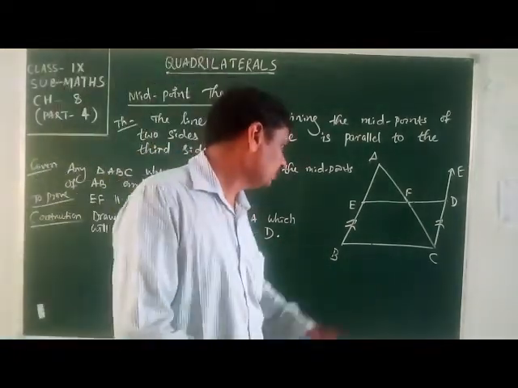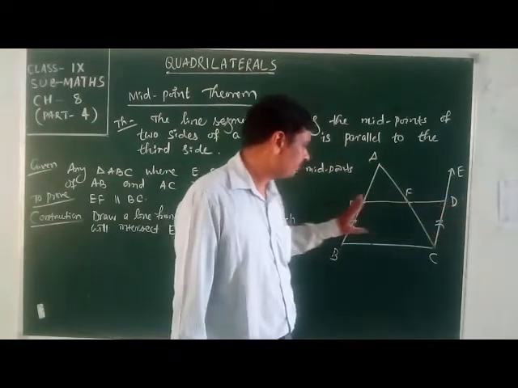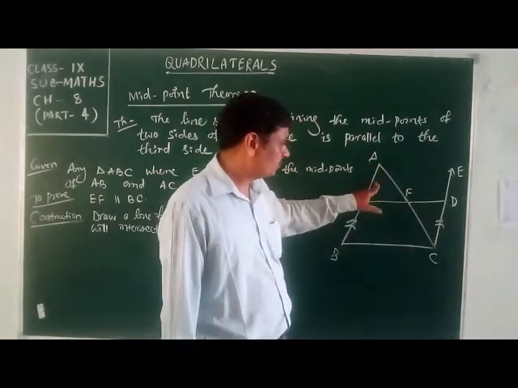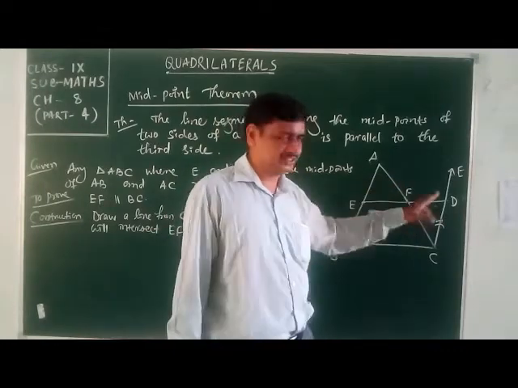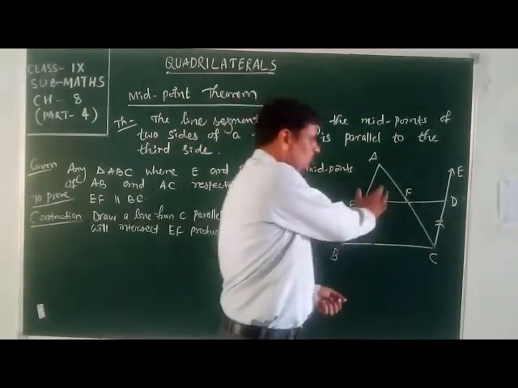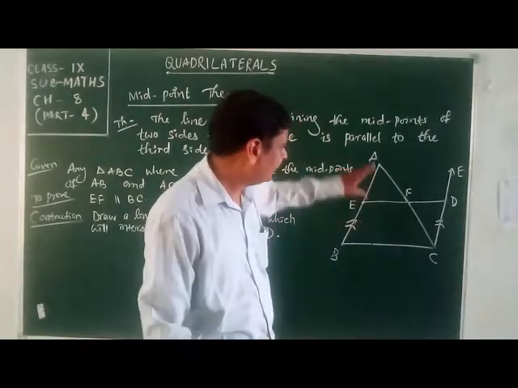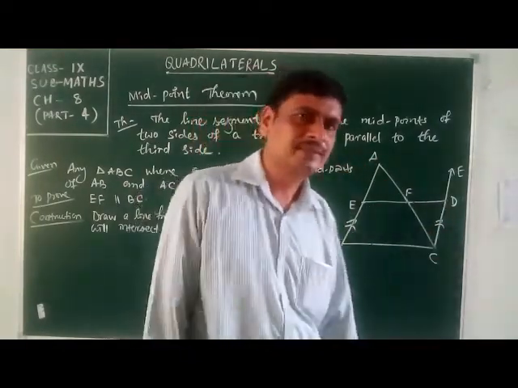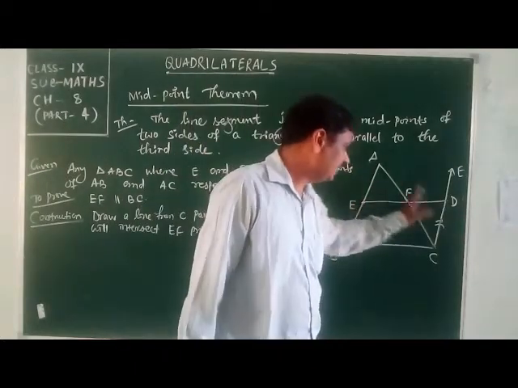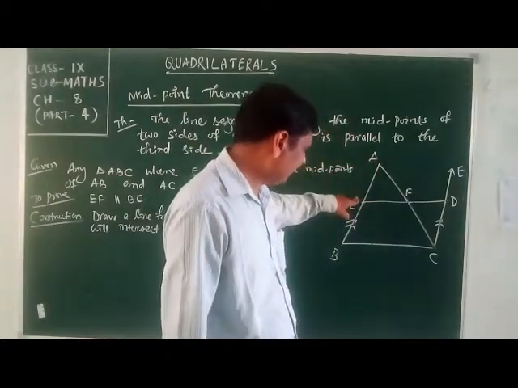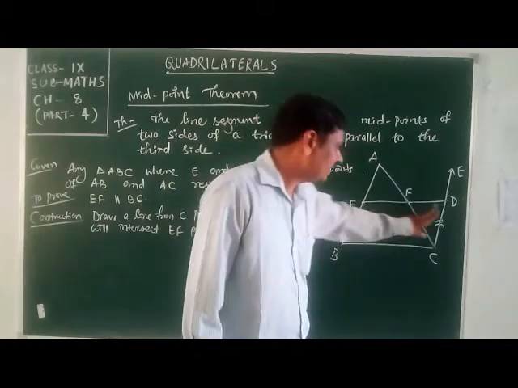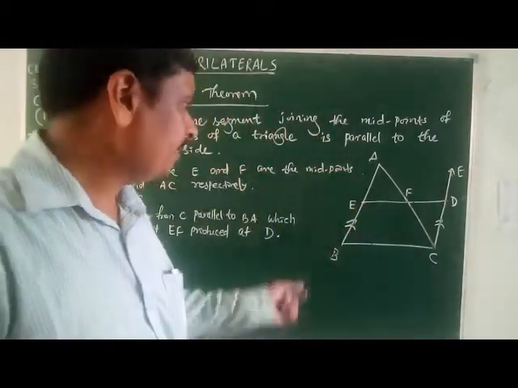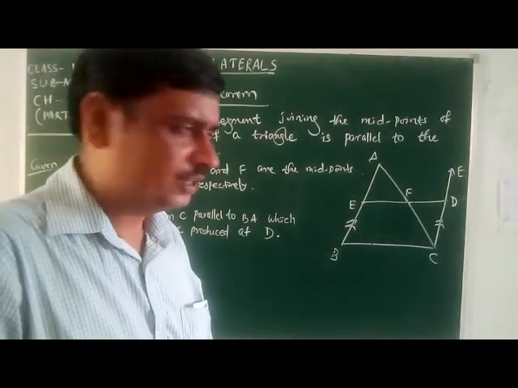We can show this when we prove two triangles congruent. If these two triangles are congruent, then AE and CD will be equal by CPCT. If AE and CD are equal, but AE equals BE, then CD and BE are also equal. In that condition, we can say BCDE is a parallelogram.